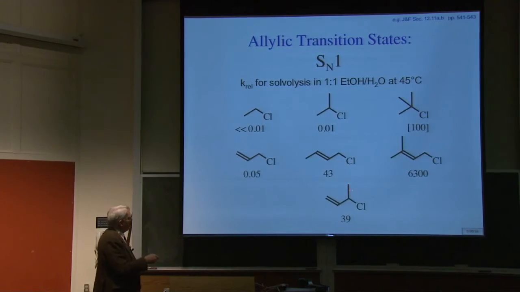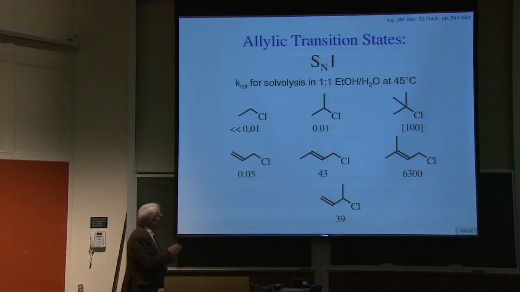And if you put a methyl group here, however, on this carbon, it accelerates enormously. If we put two methyl groups there, it really accelerates. No, wait a second, I'm ahead of my game here, sorry. If we put it on the other end, it's just as good, okay? But this is what I wanted to tell you. If you put the methyl group in the middle, it doesn't help at all.